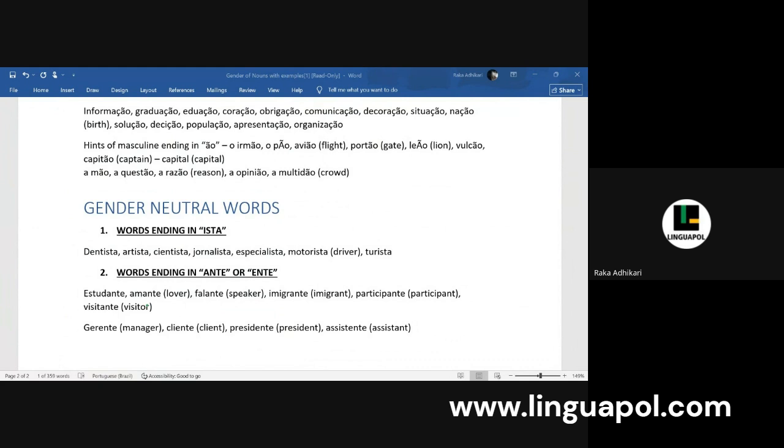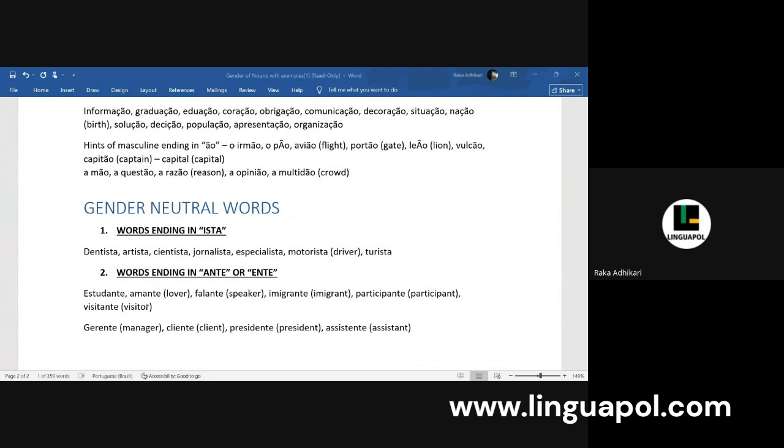So whatever word ends in ista, they are all gender neutral words, like dentista, artista, artist, cientista, scientist. So mostly you can see these are all related to professions. Jornalista, journalist. So be it a male journalist or a female journalist, we'll say jornalista.